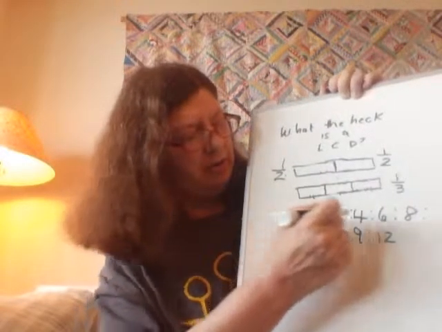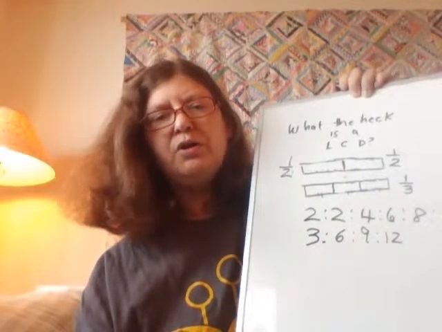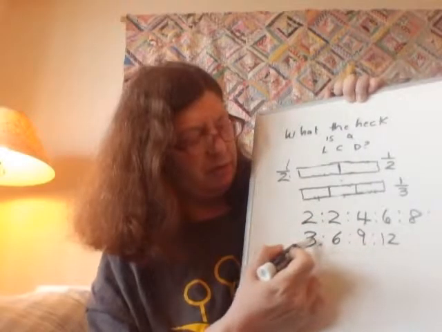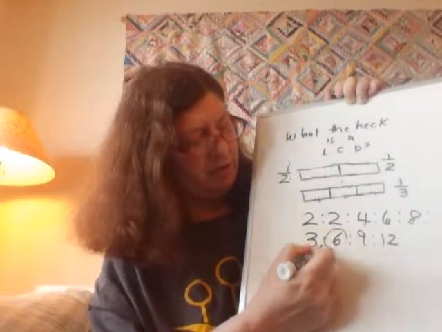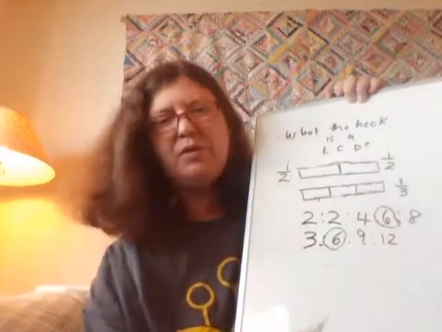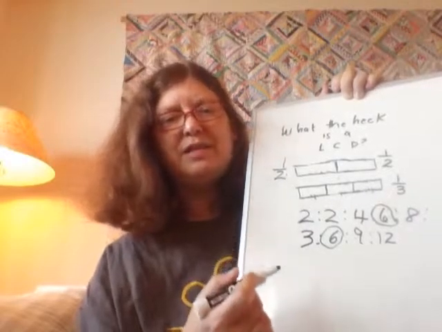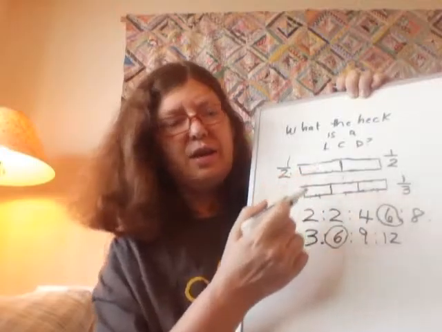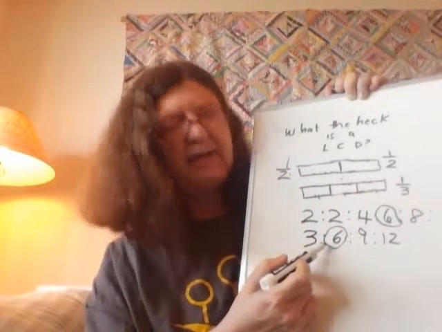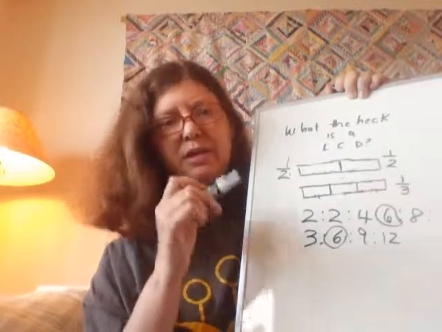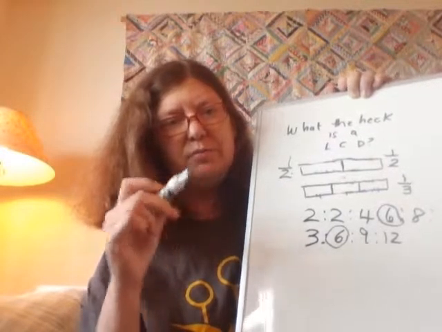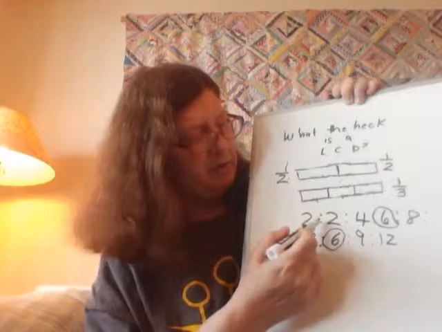So we look at our lists and ask, what's the smallest number that's on both lists? Well, 2 is not on both lists, 3 is not on both lists, oh, 6 is on both lists. So what that says is, I can take 2 boxes and get to 6 boxes by dividing them into equal numbers, and I can do the same thing with 3.